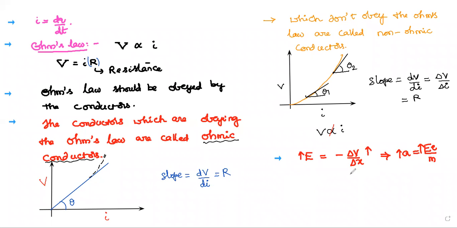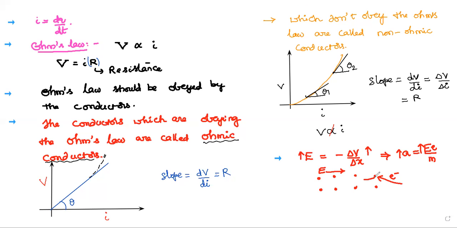If acceleration is increased, the problem now starts. Suppose these are the atoms inside the solid. The moving electron, moving in this direction, makes the first collision here. It is stopped by the first atom, and then because of the electric field applied in this direction, it is again accelerated in the opposite direction.